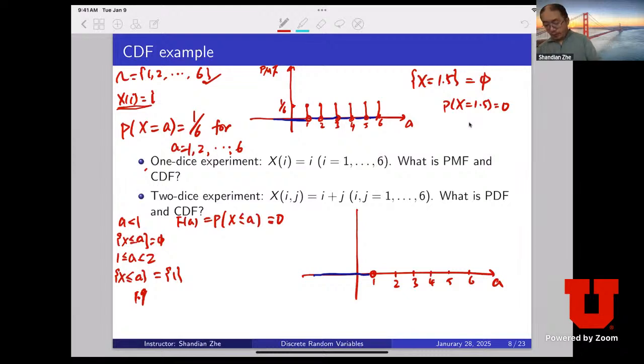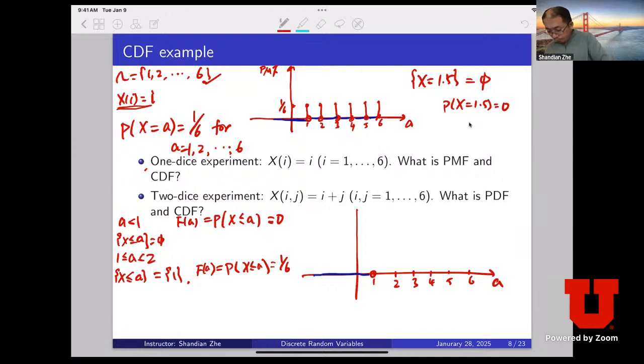So in this case, we only have one element in the event, so the probability of X less than or equal to A will simply be 1/6, right?